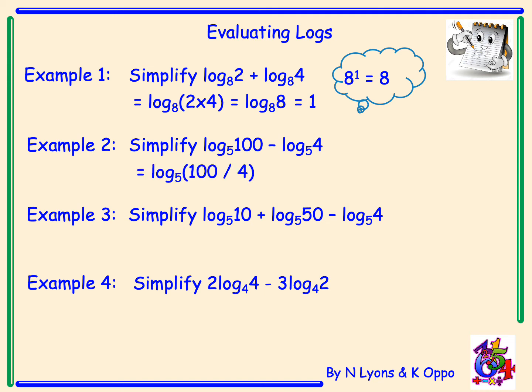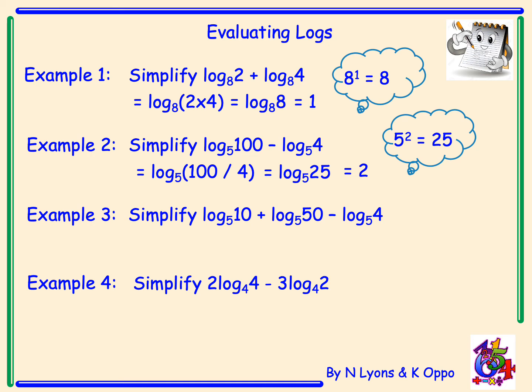So rule 2 says that that's just the same as saying log of 100 divided by 4 to the base 5. Now I can work out 100 divided by 4 is 25. So I've got log 25 to the base 5. And I can work that one out as well because 5 squared is 25, so the answer must be 2. Okay, so log 25 to the base 5 equals 2 because 5 squared equals 25.